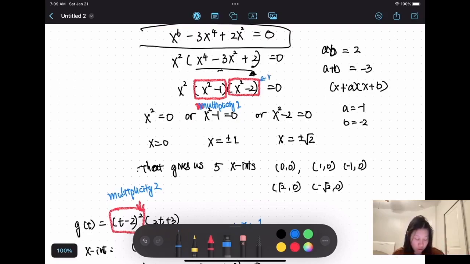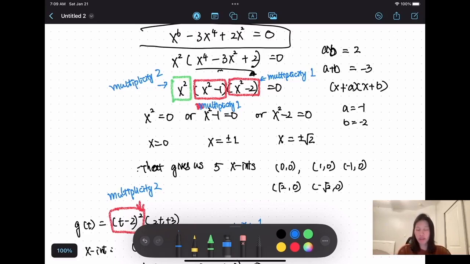So this one is also multiplicity of 1. But now take a look at this one. This is x squared. X itself is a factor, and then you square it. So that means this zero, or root, or x-intercept has a multiplicity of 2.